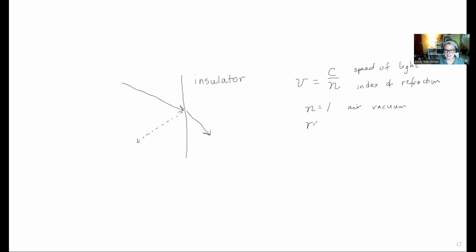If it's glass, n equals 1.5. And so you can see that if I have 1.5 on the bottom of this fraction, the speed is going to be slower in glass. Because light travels at different speeds through different materials, that gives rise to the fact that light bends as it travels through different materials.